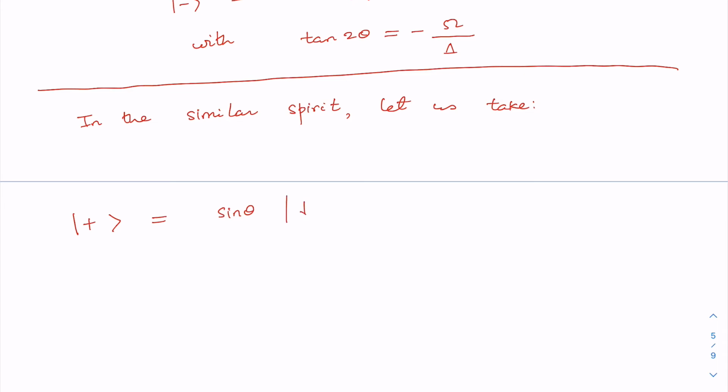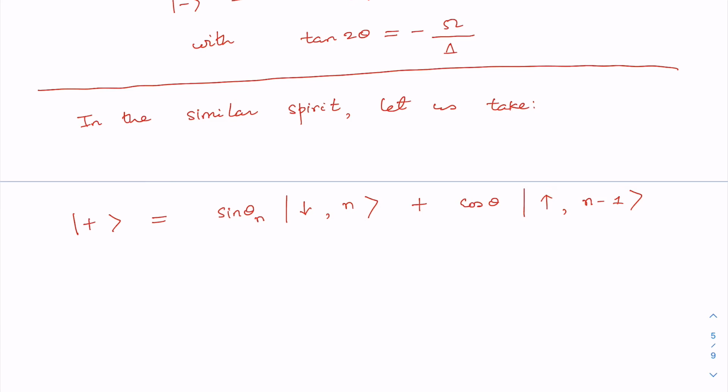We have these two basis states: atom in the ground state, field with n number of photons in the field mode, plus cos theta, atom in the excited state, and there are n minus 1 number of photons in the field mode.